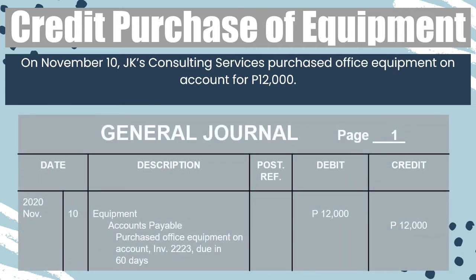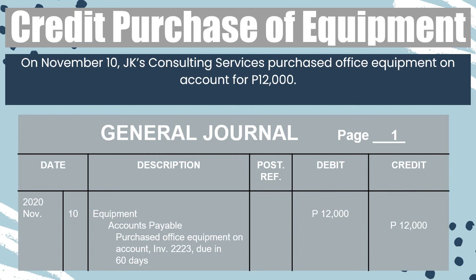So, ito ay increase in asset, increase in liabilities. So, ang nag-increase sa atin na equipment kasi may pumasok na equipment. Ang nag-increase din sa atin ay accounts payable. Kasi ang accounts payable ay utang, nagkautang tayo kaya nag-increase.